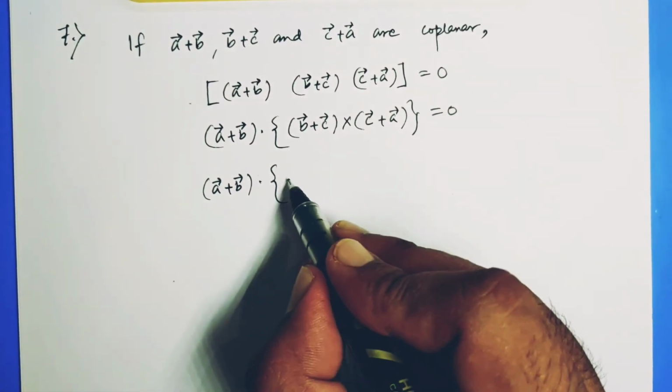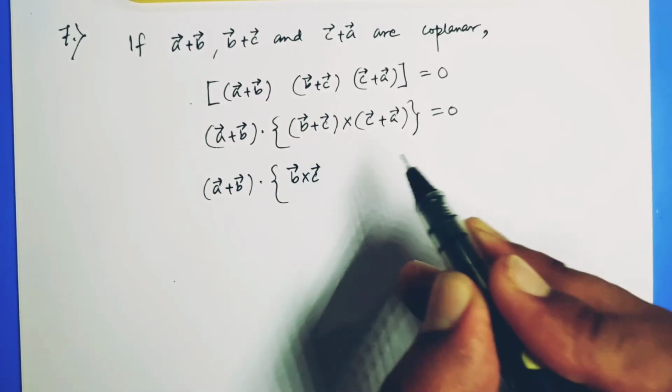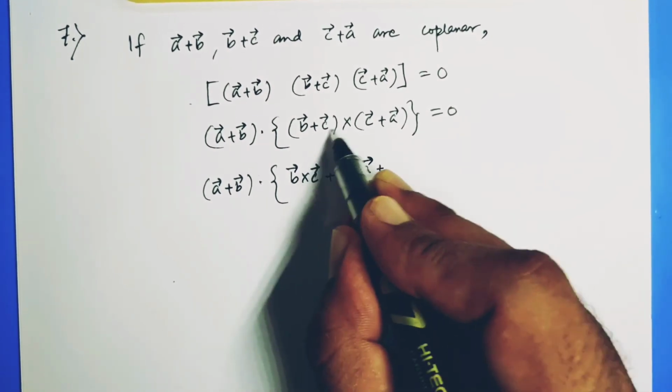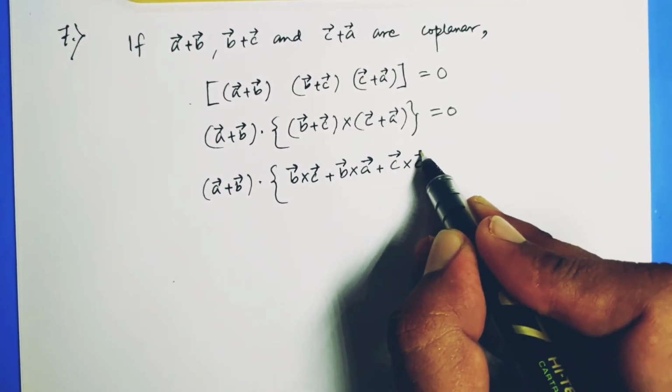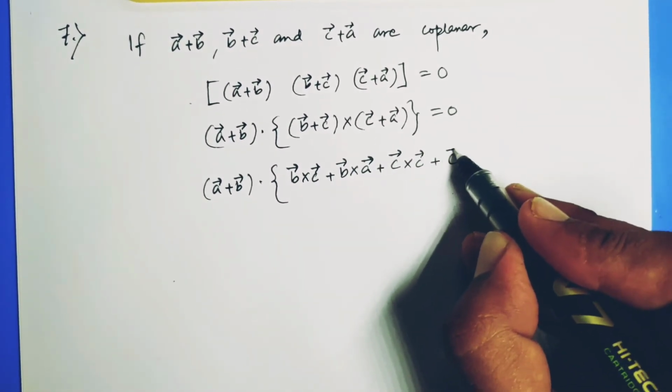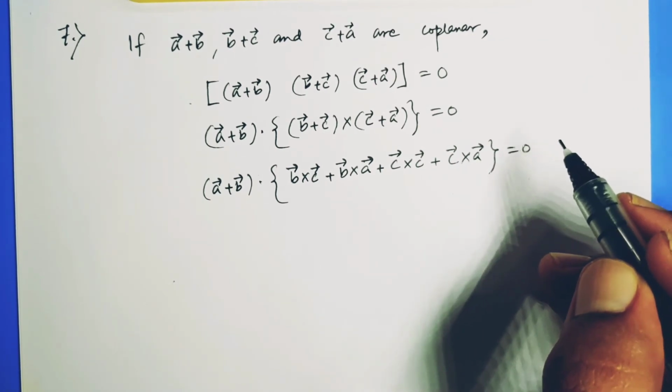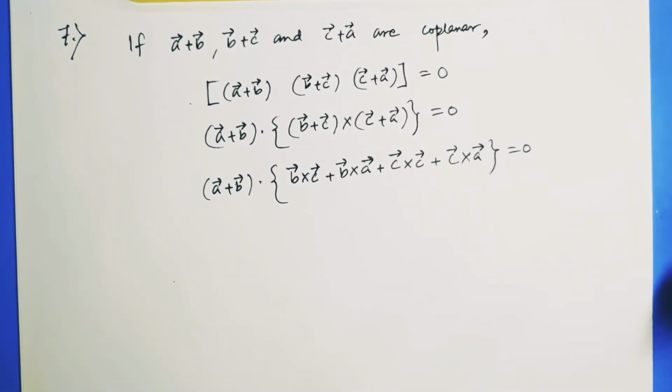So B cross C plus B cross A plus C cross C plus C cross A. Can anybody tell me what C cross C is equal to? It's the cross product of the same vector, and the cross product of the same vector is equal to 0, because a vector makes 0 degrees with itself, and so sine theta, that is sine 0, is equal to 0.